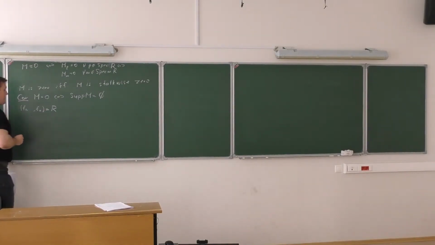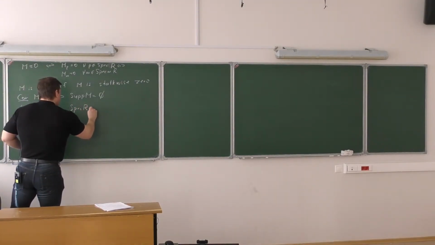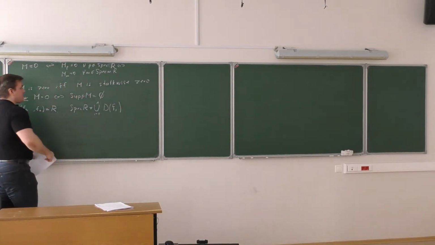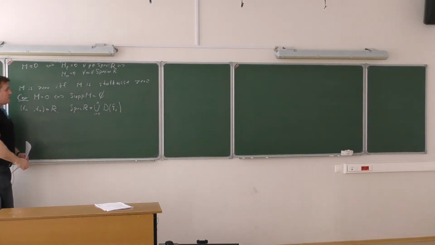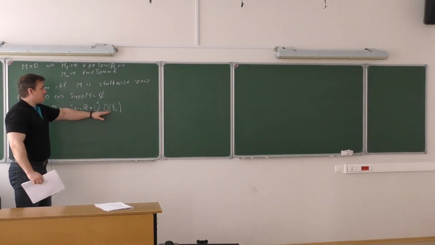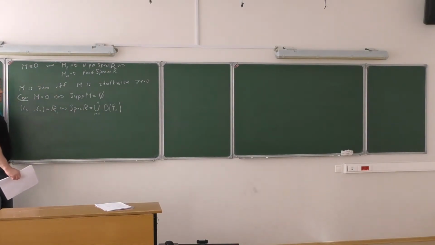If this is true, then I can say that the spec of the ring is the union of the sets where all these f_i do not vanish. These are all elements that generate an ideal, and this ideal has to be equal to the ring. This is equivalent to saying that we consider open subsets where this thing doesn't vanish. These open subsets will be exactly a cover of the spec of the ring.